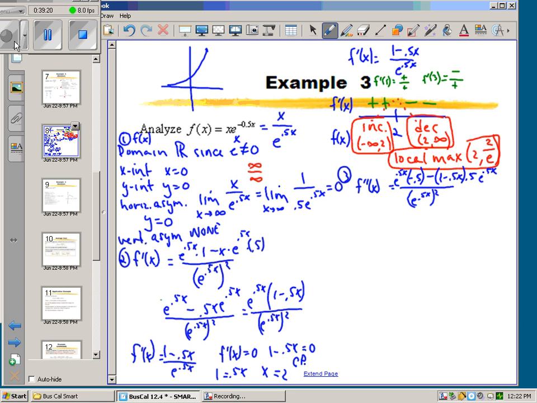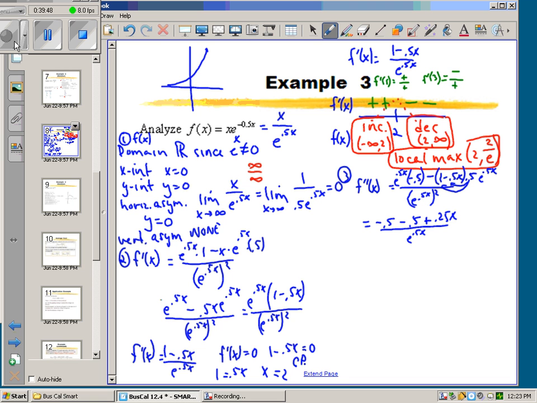Now I'm just going to go ahead and cancel out the e to the 0.5x. I have to take it out of everything on the top first, and I'll have negative 0.5 minus a 0.5 plus a 0.25x. Well, I've got to distribute this 0.5 through and distribute the minus sign through. So then I'm going to have all that over e to the 0.5x when I cancel the top one out.